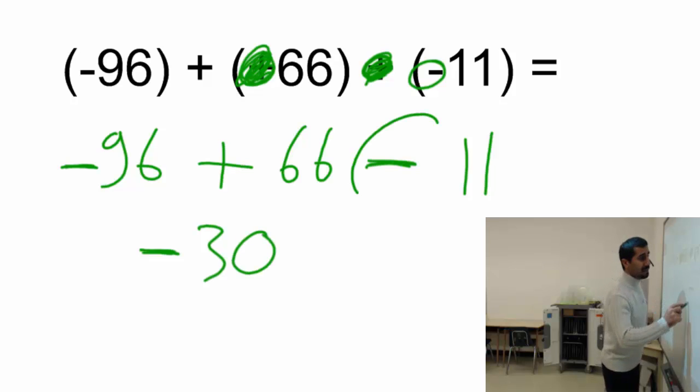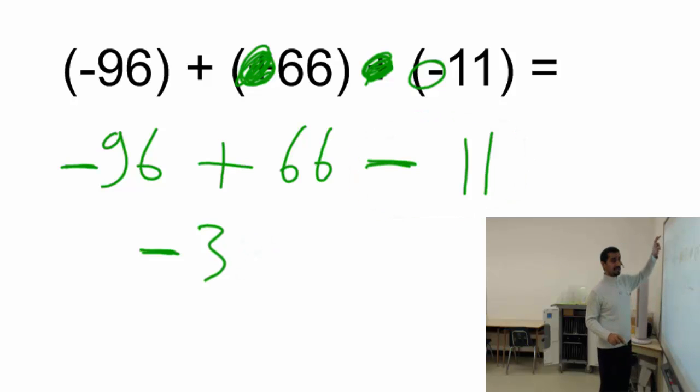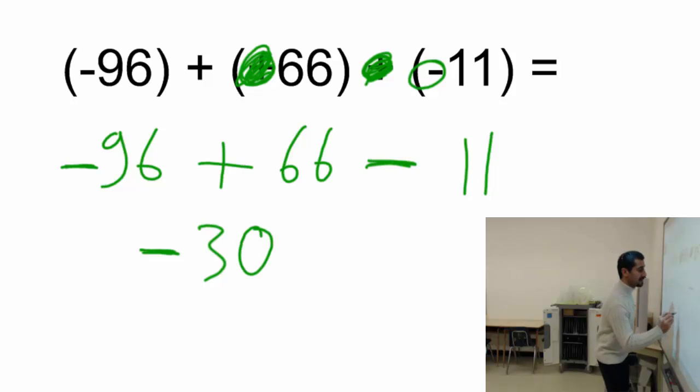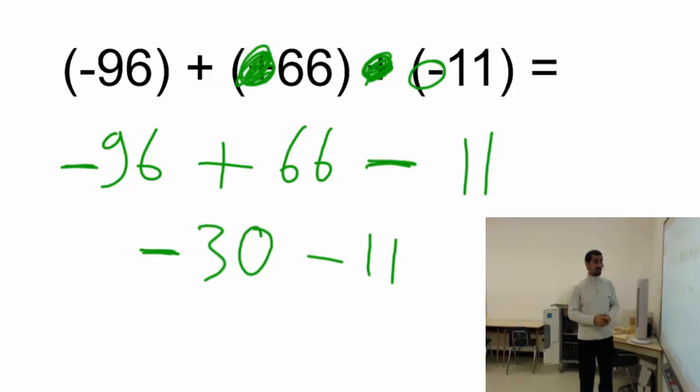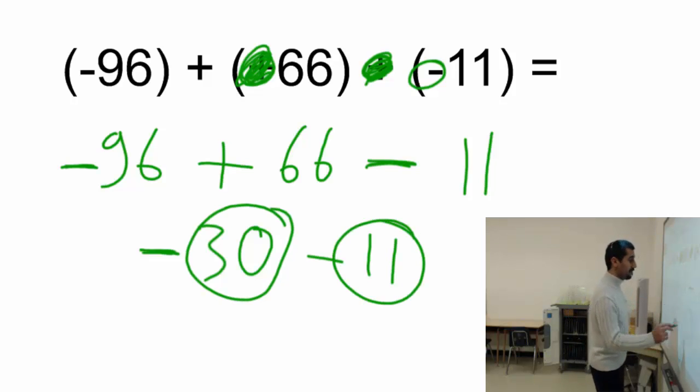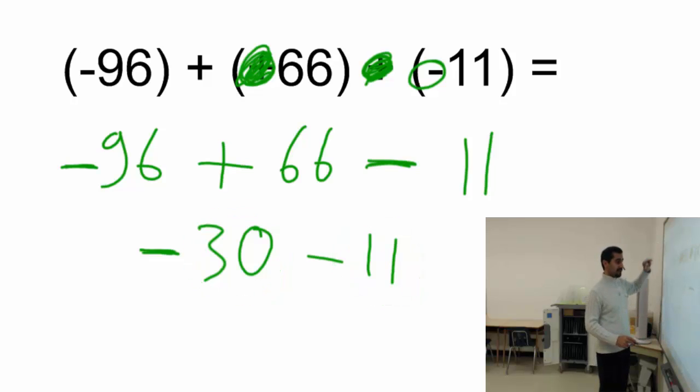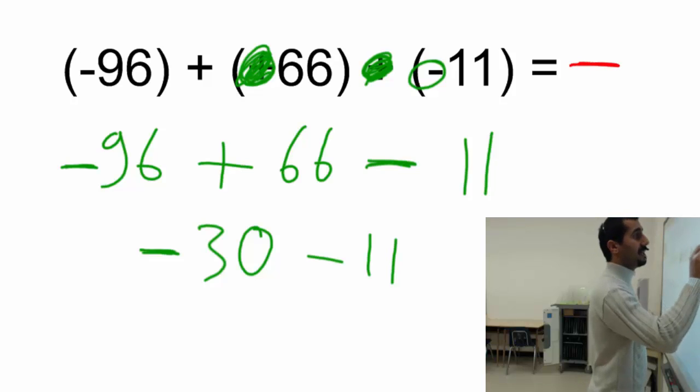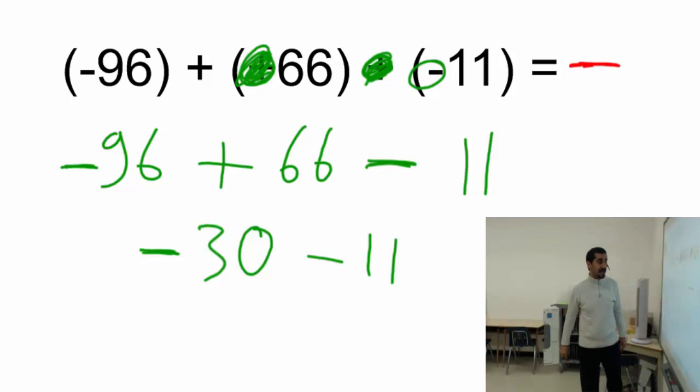So I didn't do anything about this poor number. Let's just bring that down the way it is. Minus 11. Now I'm about to finish this question. So between 2 numbers, which one is the big? 30 is the big, and 30 has a negative sign in front of it. So the answer definitely will have a negative sign. And now I'm going to add them together or subtract from each other.